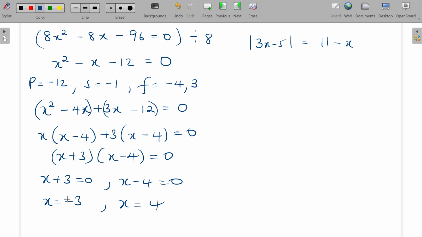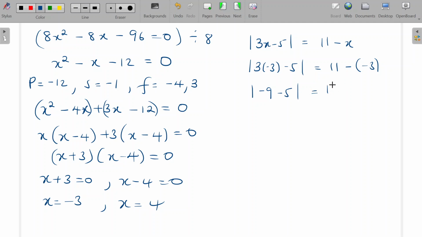So we are going to test negative 3. When I plug in negative 3 on this component here, we're going to get the modulus of 3 times negative 3 minus 5 is equals to 11 minus negative 3. This side I'm going to get 3 times negative 3, which is negative 9, minus 5, it will give me negative 14.